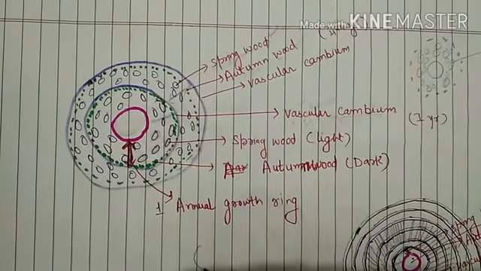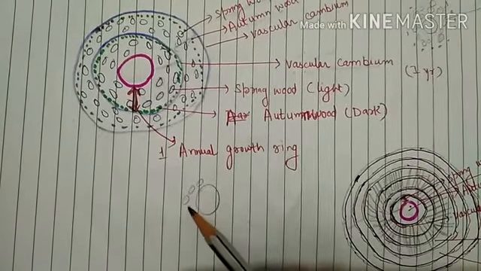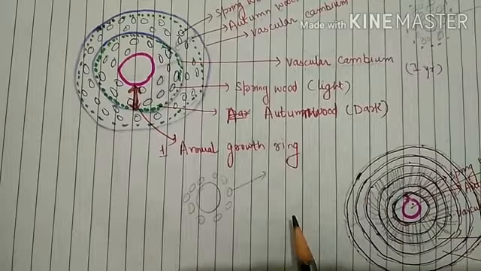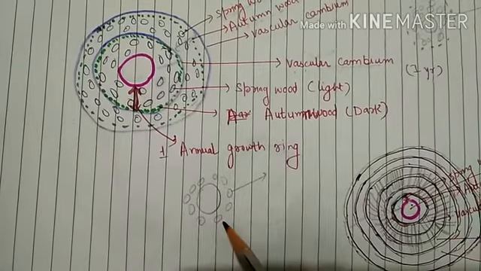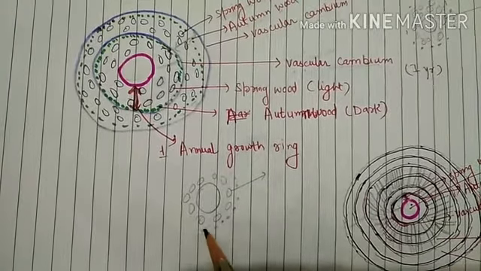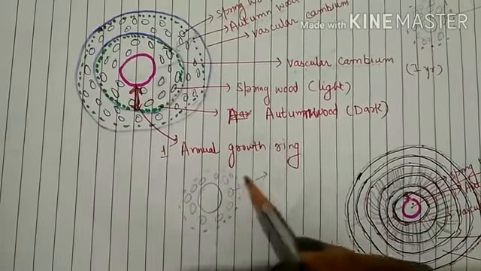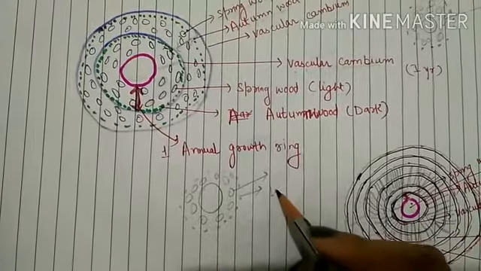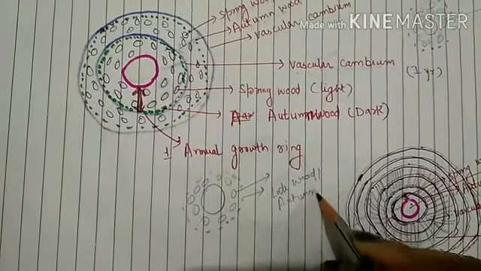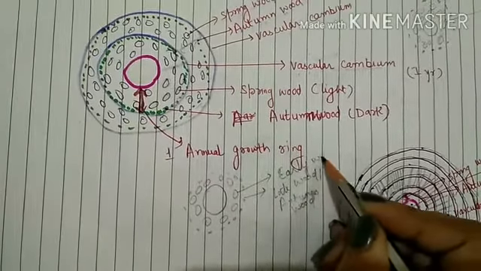So if this is the pith, then the vessels which are formed in the early season show the formation of the spring wood, and the xylem vessels which are formed during unfavorable conditions in the winter season have narrower vessels and are known as late wood or autumn wood. And this is the early wood or spring wood.